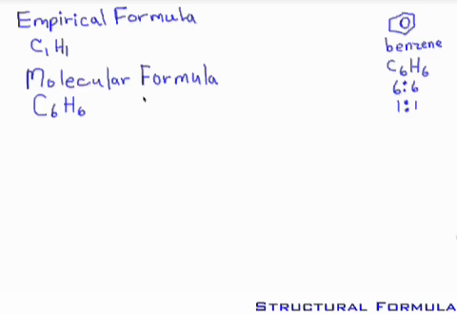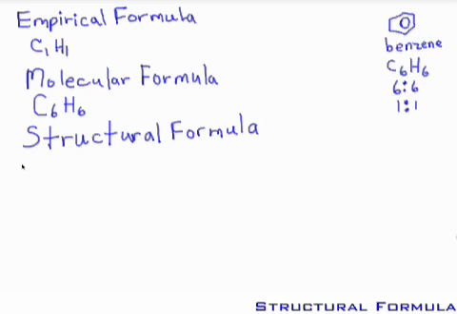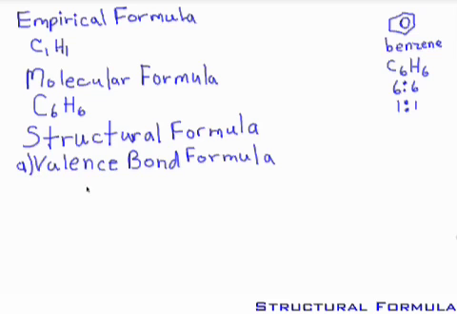The structural formula comes in 2 versions. The first version is the valence bond formula. Valence bond formula, we'll call that A. The valence bond formula shows the covalent bonds represented by a line.